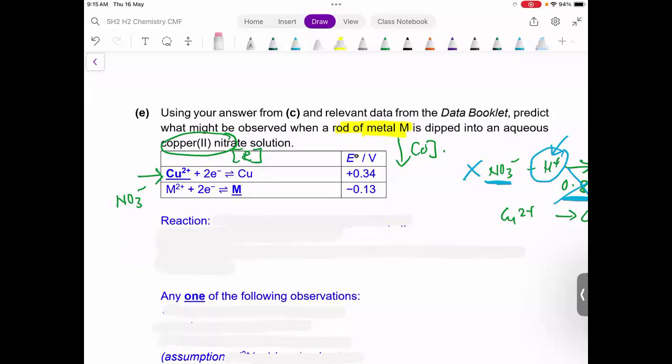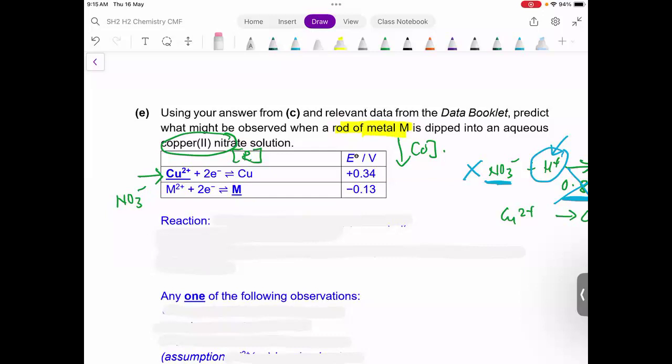Write the overall equation. But before I write the overall equation, what must I check? Yes, we confirm that the reactants are on opposite sides of the equation. One undergoes oxidation, the other undergoes reduction. What else must we do to confirm that this reaction does take place? You need to calculate the E cell value.